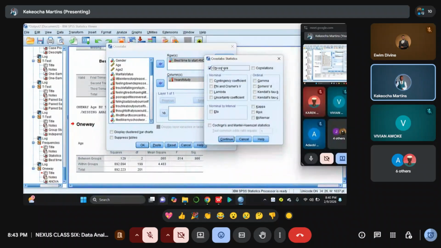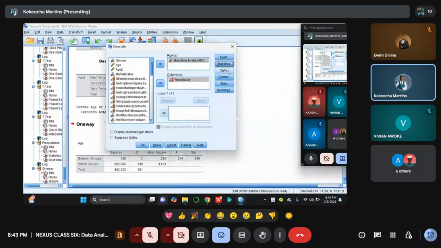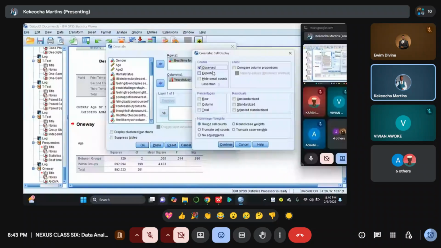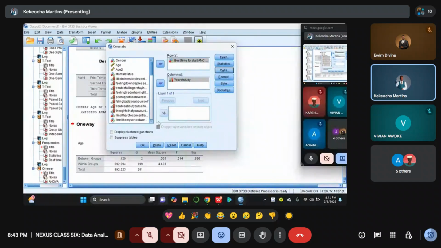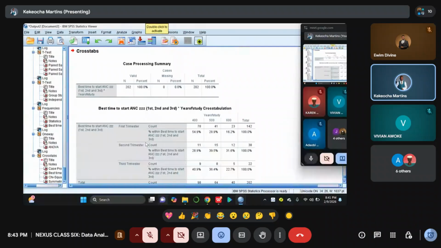So we've chosen rows and columns. We go over to statistics. You choose chi-square. You can choose correlation. Let's just put correlation here. So continue. Under cells, you have row. This is going to give us their percentage. I'm going to also explain something under this percentage. Then you click OK for the chi-square.